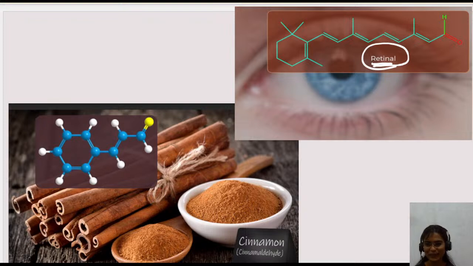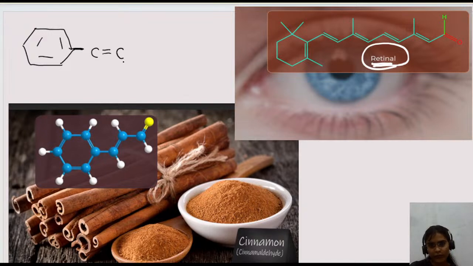Next, please. Look at this. What is it? It's cinnamon. In Hindi, it's dalchini. It's a kind of spice. Now, this is really important. It's cinnamaldehyde. This question is asked many times in PYQs: what is the structure of cinnamaldehyde? It is a benzene ring, then a carbon, and just after this a double bond, then again a CHO group.